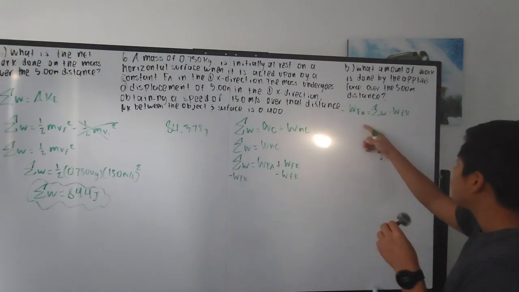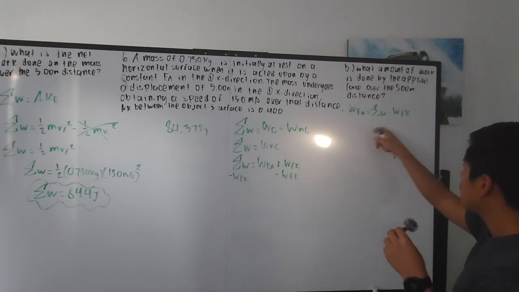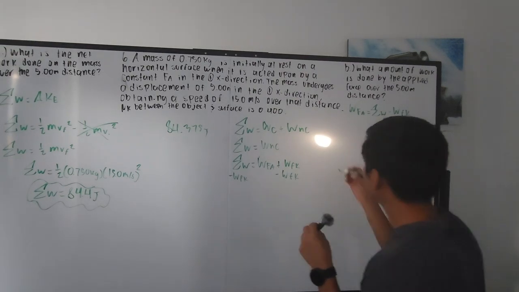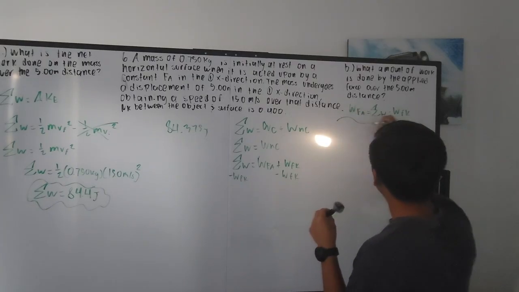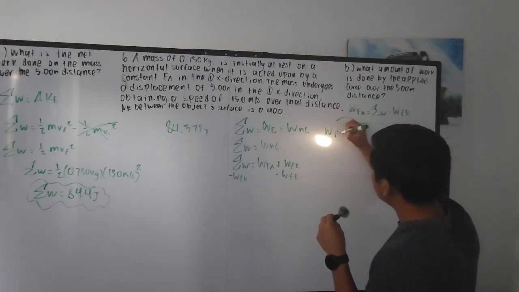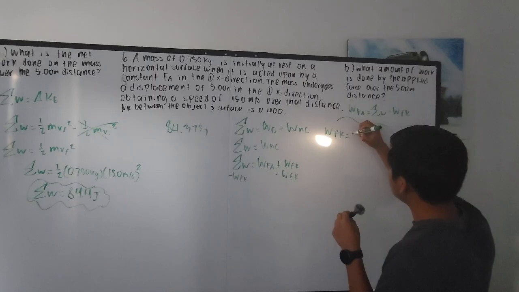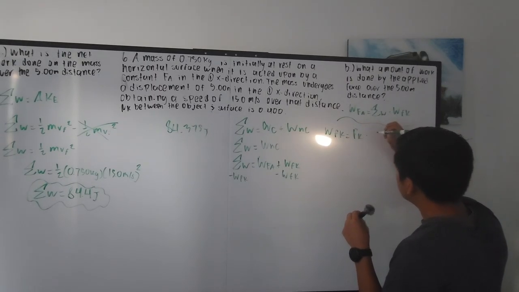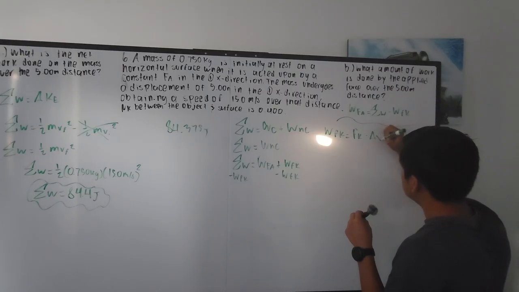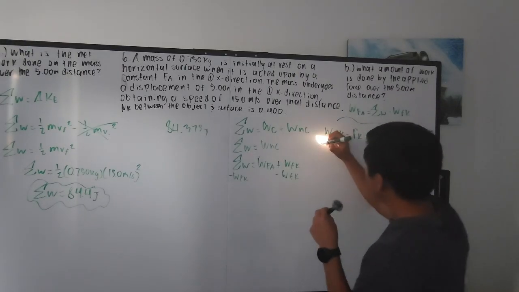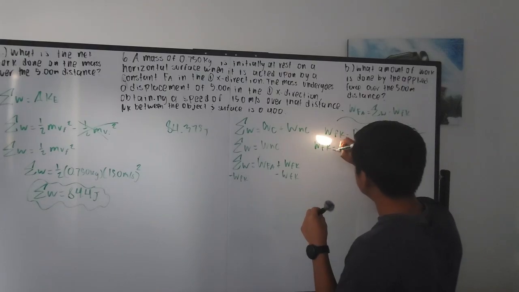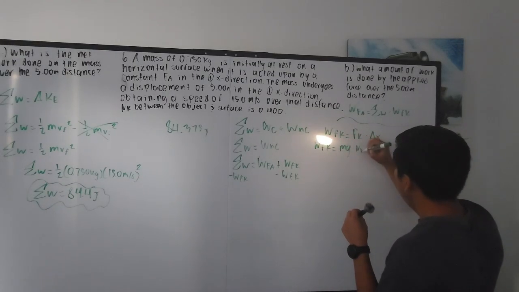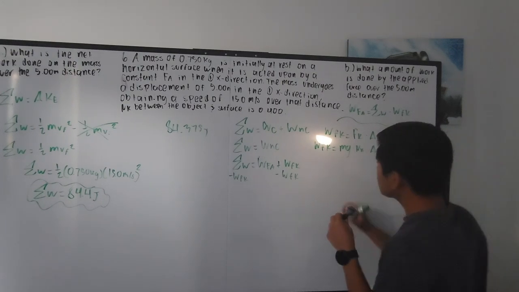So now we're just going to go ahead and solve for this. We already know this, and we can solve for the work done by the force of kinetic friction. So the work done by the force of kinetic friction is going to be equal to the force of kinetic friction, which is Fk, multiplied by the displacement. Expanding that, you get that the work done by the force of kinetic friction is going to be equal to mg multiplied by mu k multiplied by delta x.